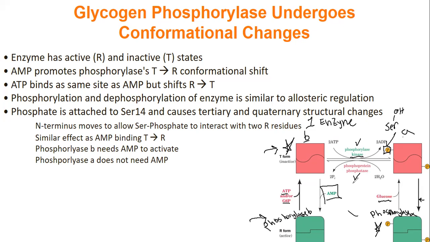And remember, this breaks down glycogen. When you break down glycogen, you get glucose. When you go through glucose through glycolysis, you get ATP. So remember those concepts when looking at this image. Remember R is on, T is off, and try to remember all that. And I think the logic of this image will come through.